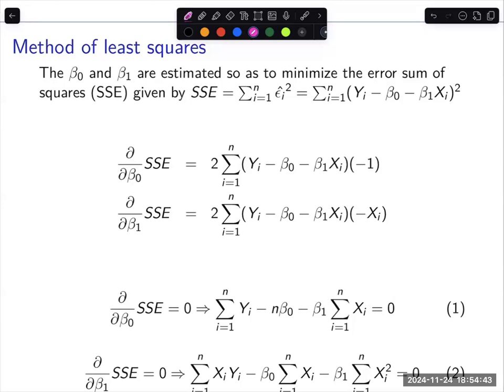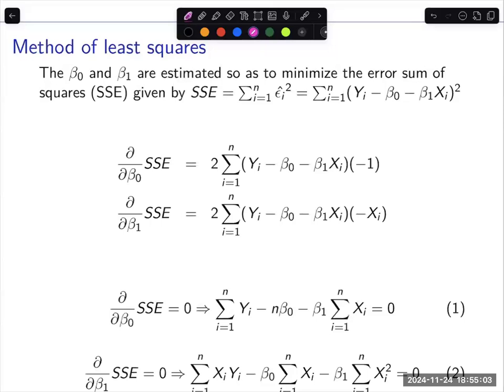Okay, so the idea would be simple. Since we assume our linear model, observed as yi and xi, basically that means the true observation shouldn't deviate from our theoretically assumed model very much.